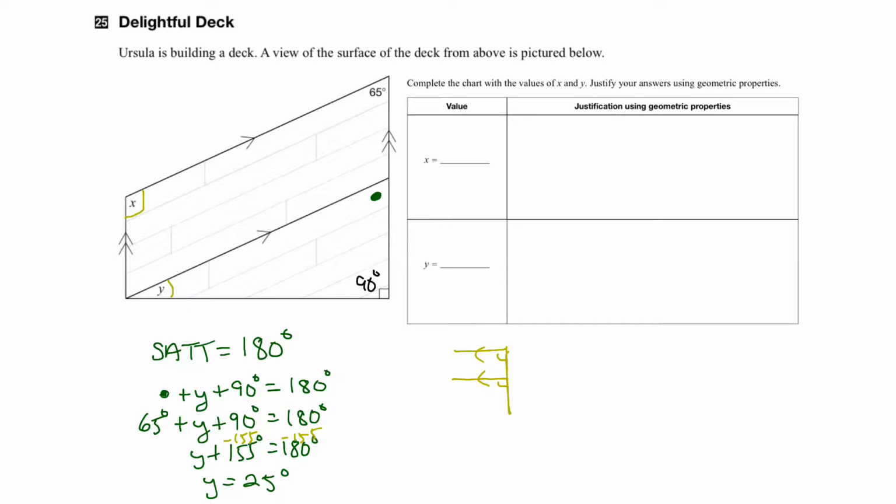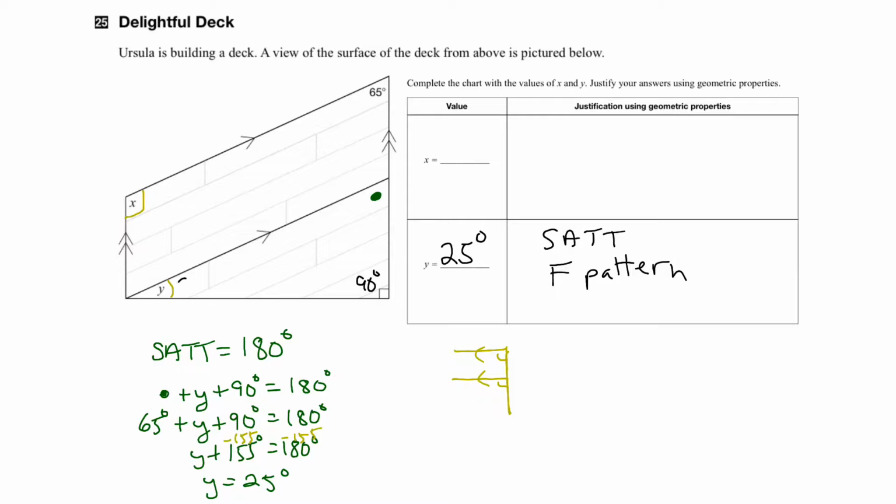So we can put that up here in our answer. Y is 25 degrees. And the justification for it would be the sum of the angles of a triangle theorem and the F pattern for parallel lines cut by a line.